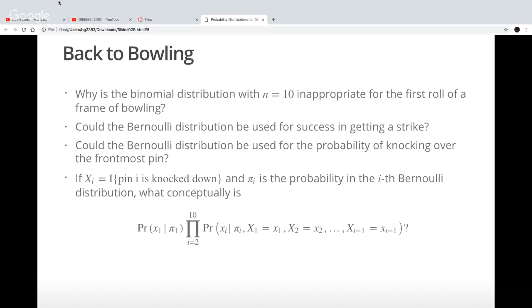So that gives us a joint probability distribution for the first two pins, multiplied by a Bernoulli for the third pin, given that the first and the second were or were not knocked down, the 4 combinations that could happen to the first two pins. So we have probability of 2 times conditional probability of 3. And so what does that give us?